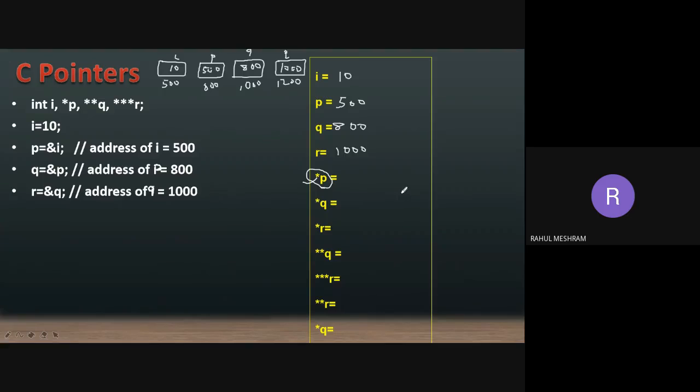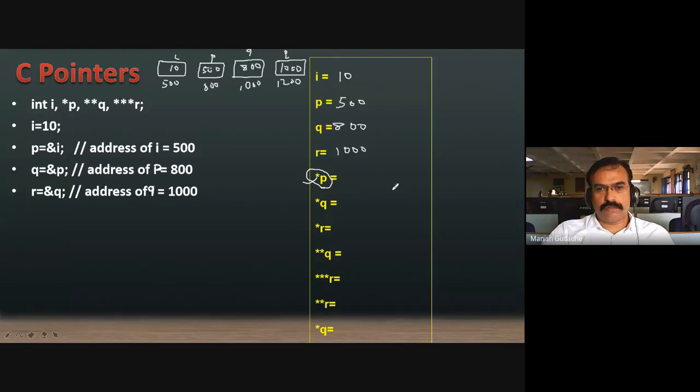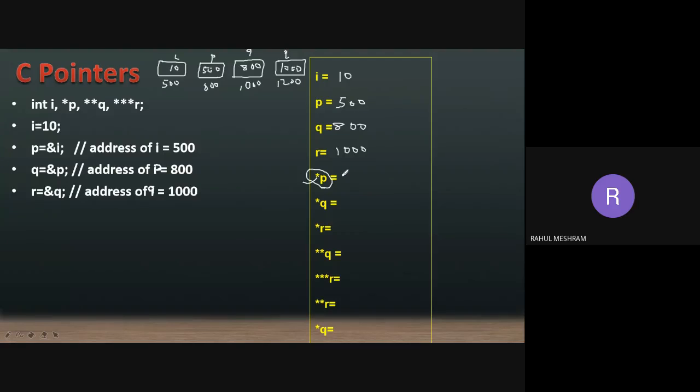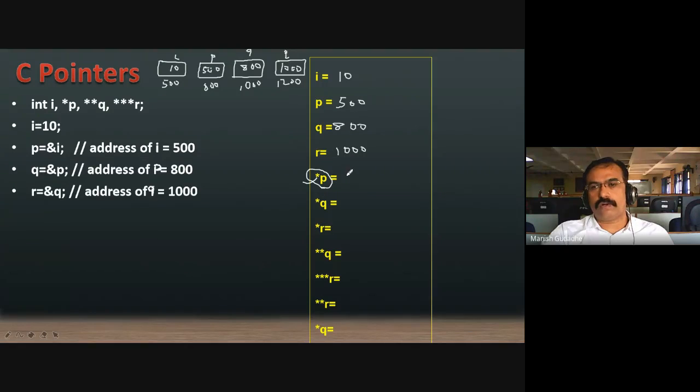Sir, pointer P answer is 10. You are not audible. Please put it in the chat box. Your voice is cutting out a lot, Rahul. Put it in the chat box.